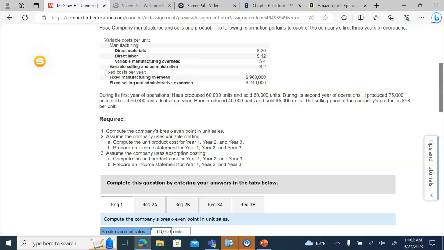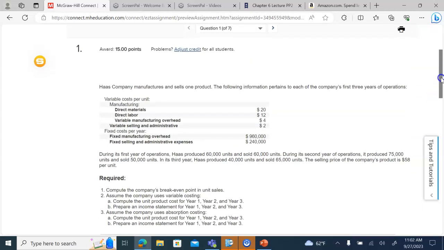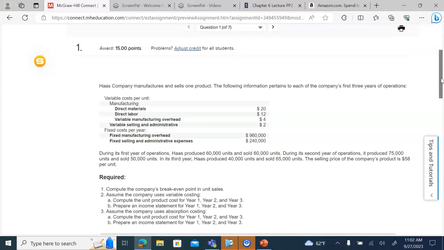So if we look here, for the break-even point in unit sales, we've got here break even in unit sales. What we'll need to do is figure out, we're selling the unit for how much?